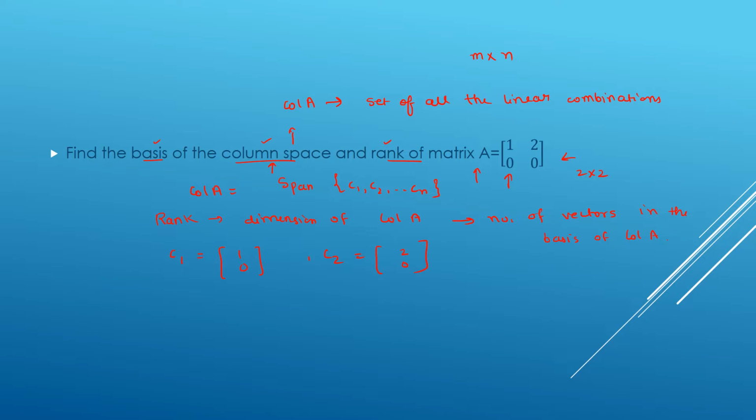Linear combination is like if there is any relation that one is twice of another or one is 1/3 of another, any type of linear relation. So we can clearly see that yes, C2 is twice of C1, right? 1 times 2 is 2 and 2 times 0 is 0.